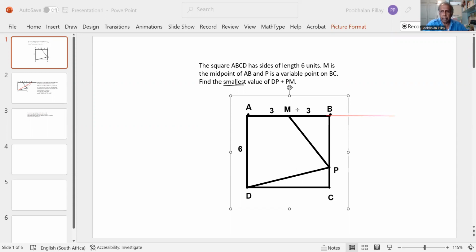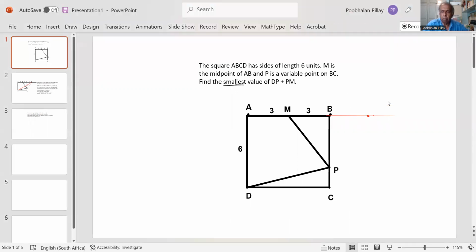If you take M and reflect it, in other words, you imagine that this thing here is a mirror and the M is looking at itself in the mirror. You'll see just now why we are doing all this. Then you will get a new point across the mirror, which we could call M prime.